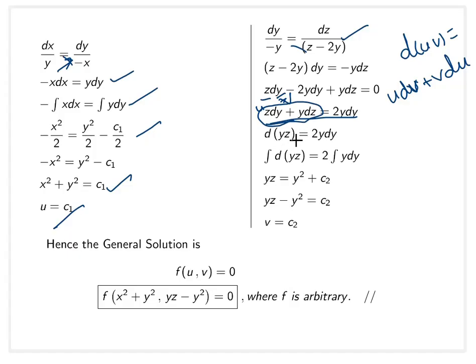We can write this in the form of d of y by z. Integrating both sides, integration and differentiation get cancelled, therefore simply y by z, and the differentiation of y is y square by 2. The numerator 2 and denominator 2 get cancelled, and we get simply y square. We can bring this y square to the other side. This is the second solution, which we take as v. Now we can replace u and v, so we get the solution.